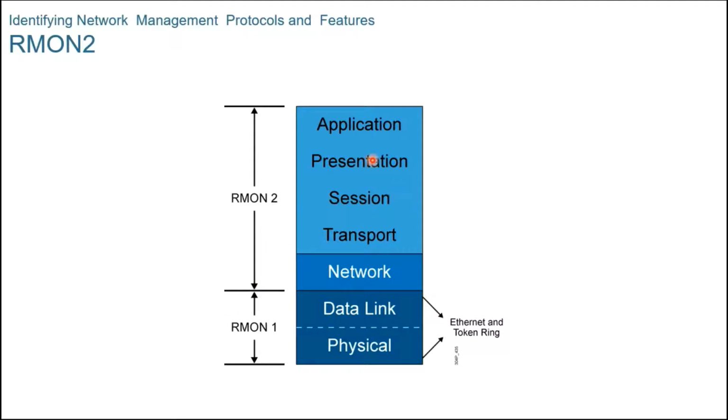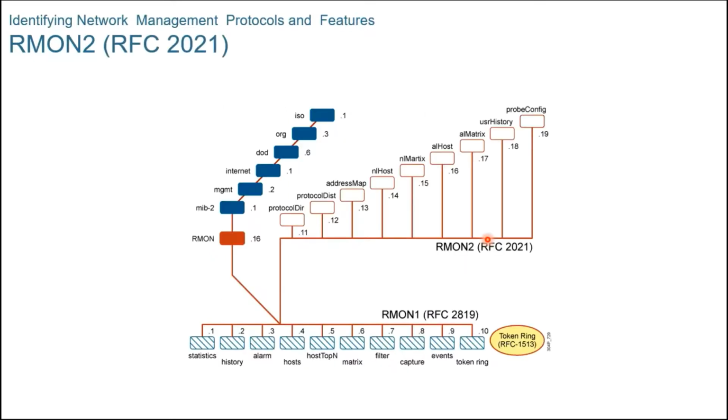Now the key point for RMON2: RMON2 is not a replacement for RMON1, but an extension of it. So RMON2 extends RMON1 by adding 9 more groups that provide visibility to the upper layers. So this figure here illustrates the RMON groups that were added when RMON2 was introduced.